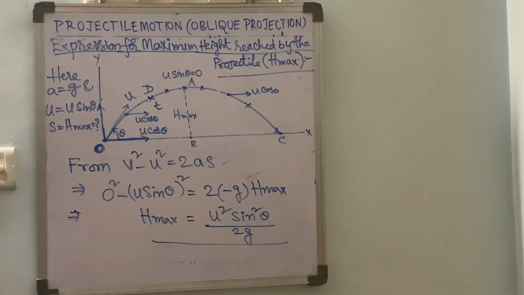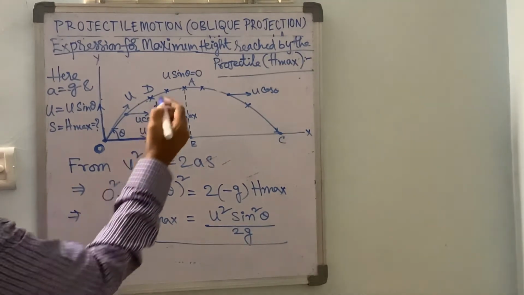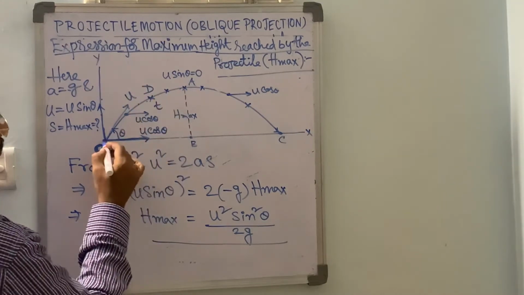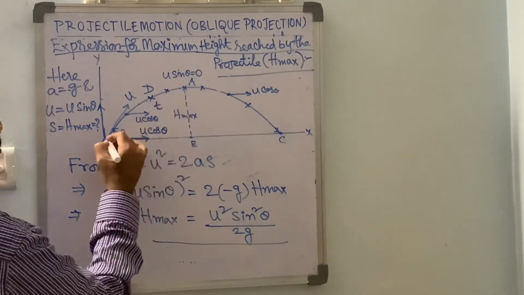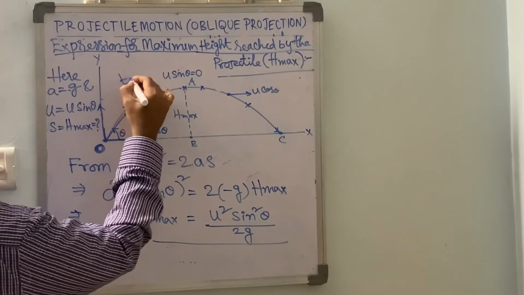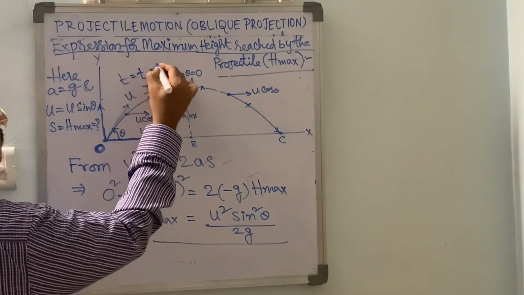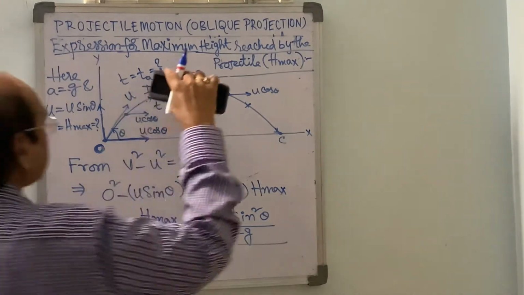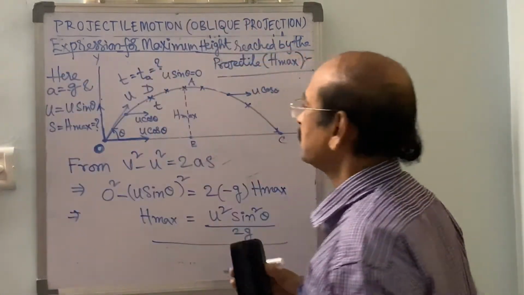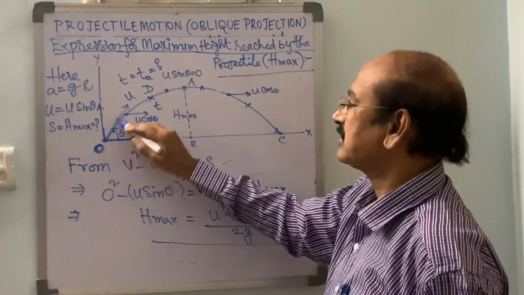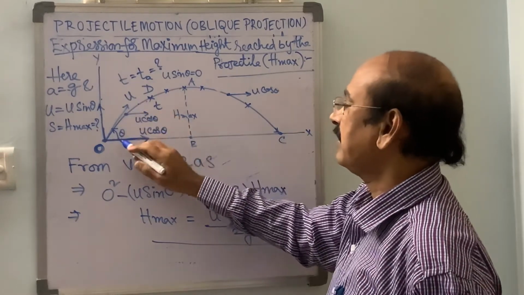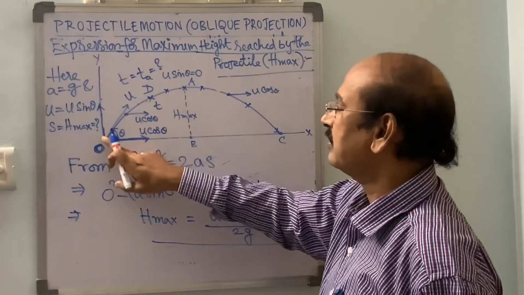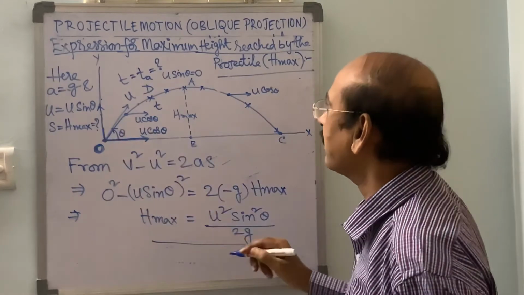Now let us derive the expression for time of ascent, that is, the time taken to reach the maximum height, from O to A. Let this be Ta. When we project with the initial velocity u, it can be resolved into u cos theta and the vertical component of velocity u sin theta.